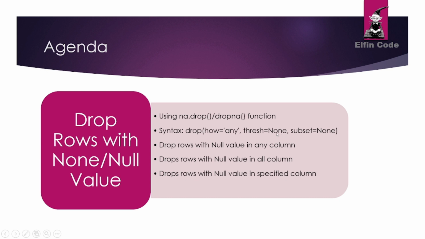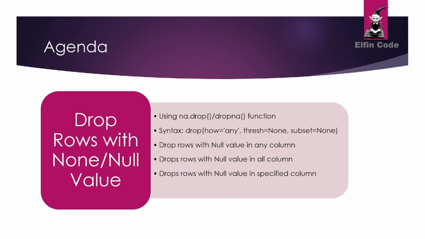Then threshold specifies a number. Let's say the threshold is 2, then a minimum of 2 attributes need to have a value present in them. If a row has fewer non-null attributes than the threshold, then that row will be considered for dropping.